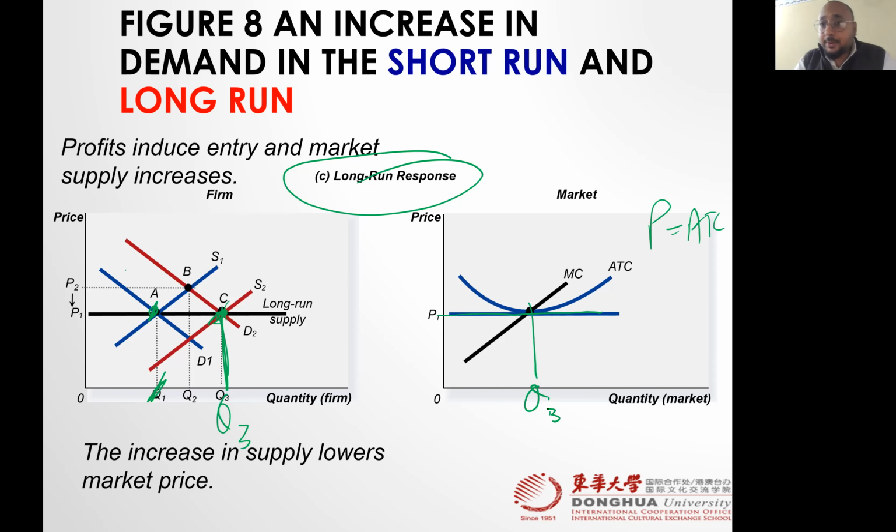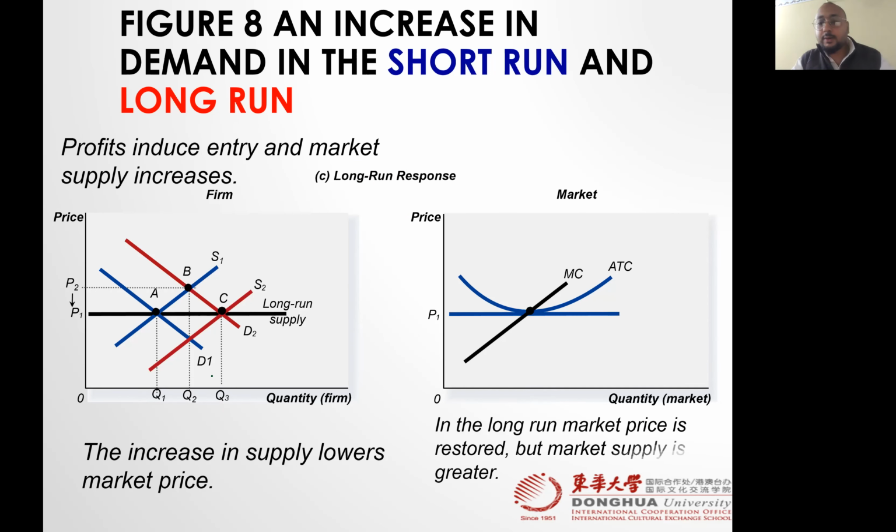Only one thing happened in the long run due to the short run disruption: the price increased, but in the long run the price is back to its original place, while the quantity is not. Quantity increased. The long run market price is restored, but the market supply is greater now, Q3.